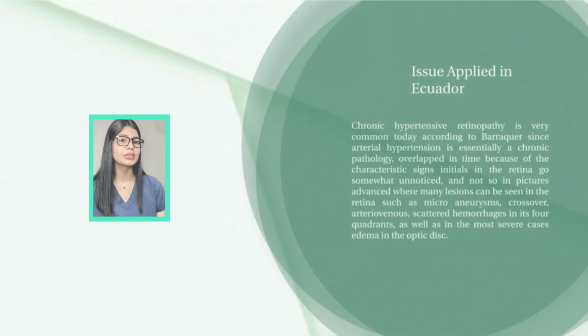Because the initial characteristics in the retina are subtle, it is seen in advanced pictures where alterations can be observed in the retina, such as microaneurysms, arteriovenous nicking, hemorrhages in its four quadrants, as well as, in the most severe cases, edema of the optic disc.